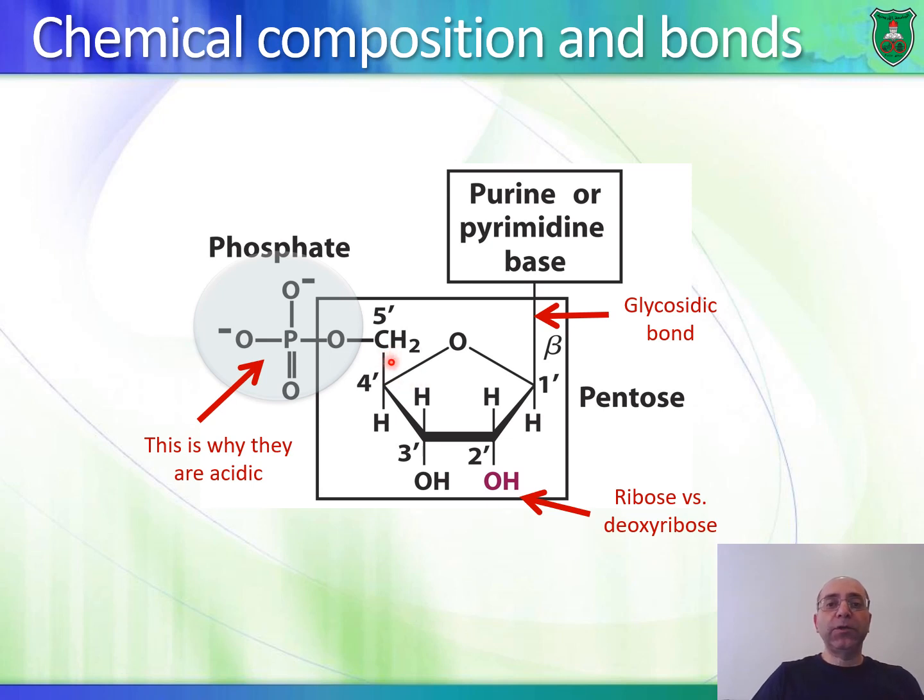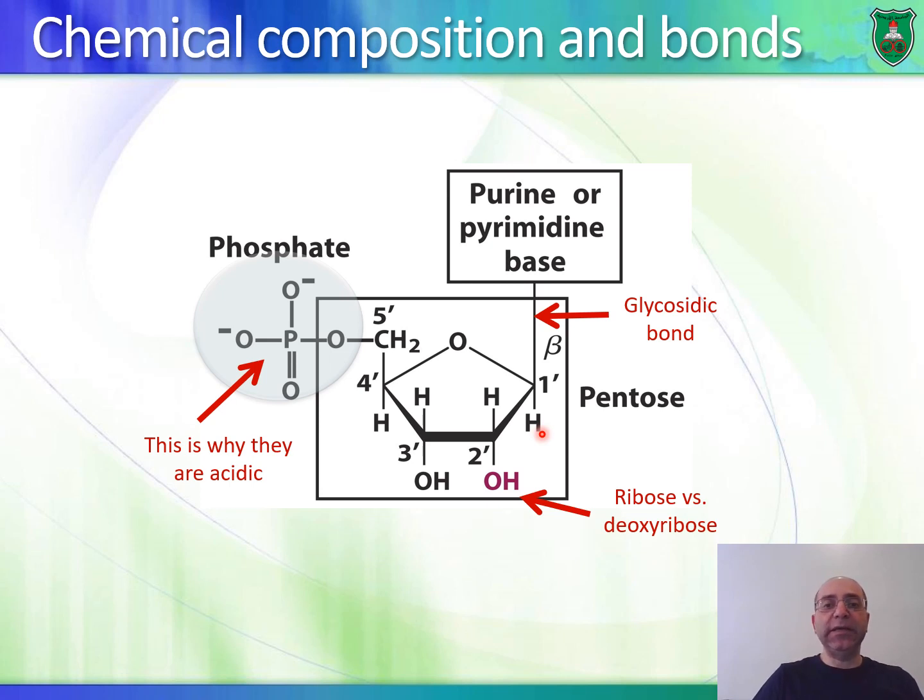And the sugar is different in RNA versus DNA. So in RNA it is a ribose. Ribose is a 5-carbon sugar, okay? This is the sugar that exists in RNA, ribonucleic acid. In DNA, it is a deoxyribose.